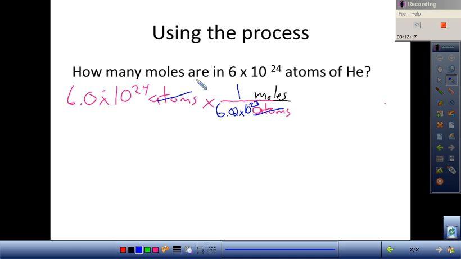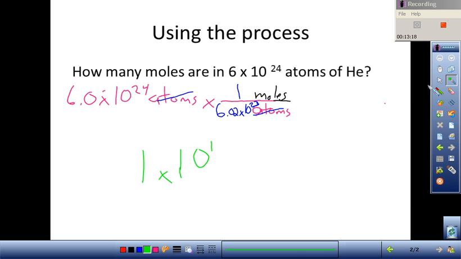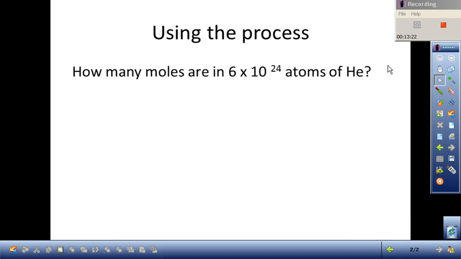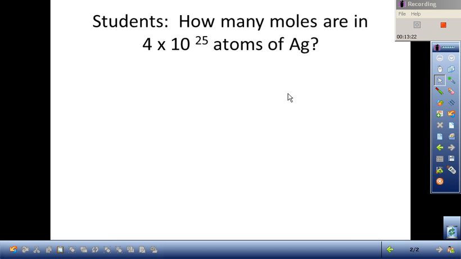The question says how many moles, so I know I finished it correctly. Now mathematically, I'm just going to divide this 6.0. Let's just call it 6 divided by 6. That's 1. And 24 minus 23, I subtract my exponents. 24 minus 23 is 1. So we'll call it 1 times 10 to the first.